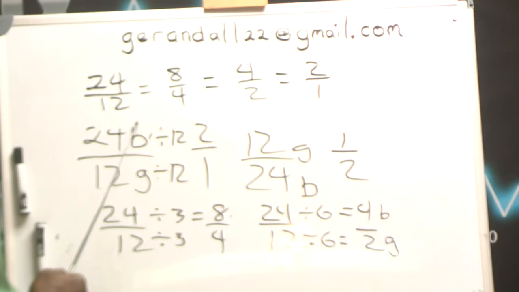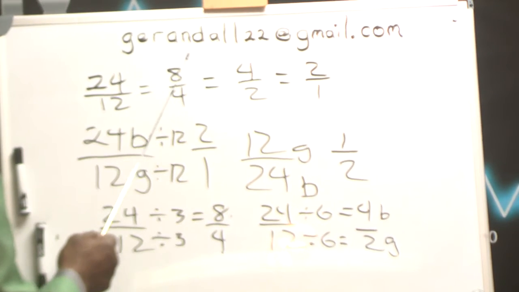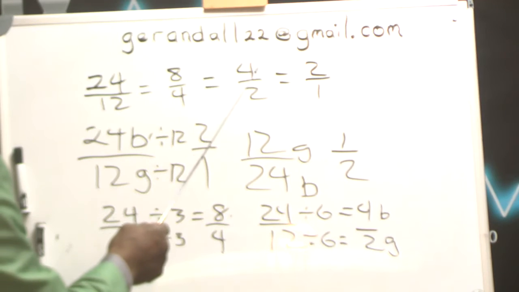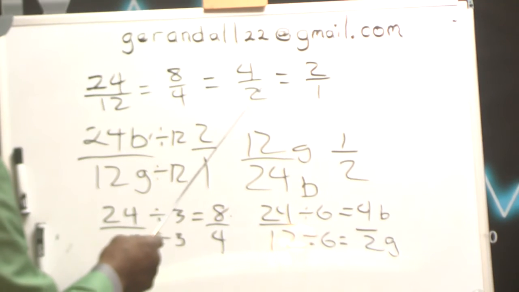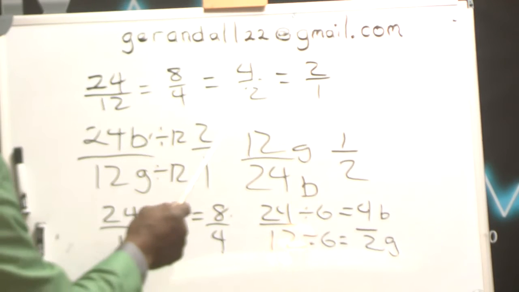So 24 boys to 12 girls, 8 boys to 4 girls, 4 boys to 2 girls, and 2 to 1.